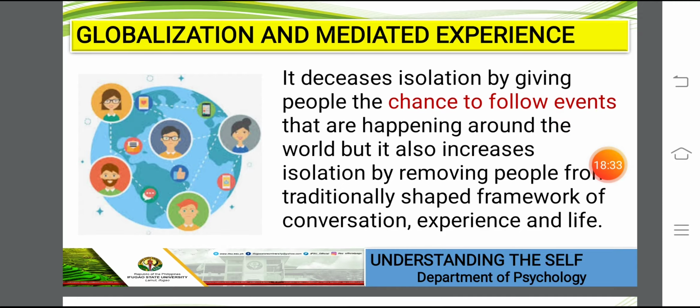But then, due to the pandemic, there has been a limited exposure to these events, and this has been limited to the immediate family, immediate relatives who are near each other. Okay, so itong nangyayari sa atin ngayon ay from traditional to modern way of life na.